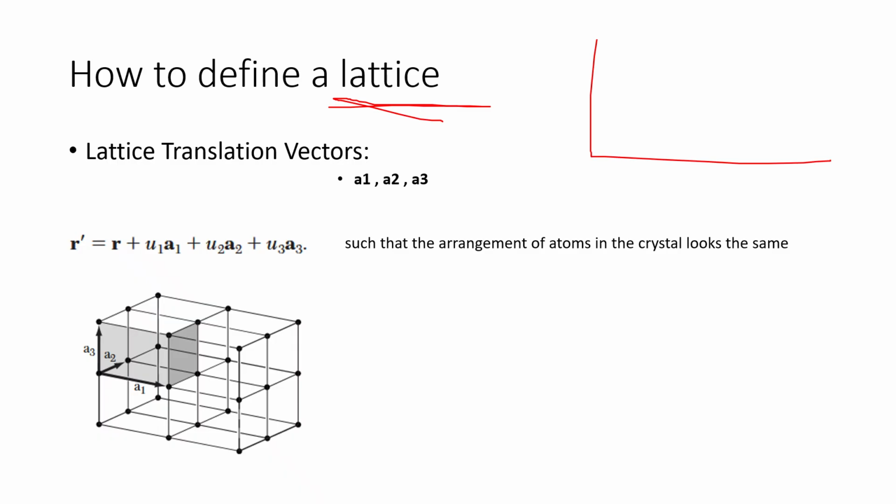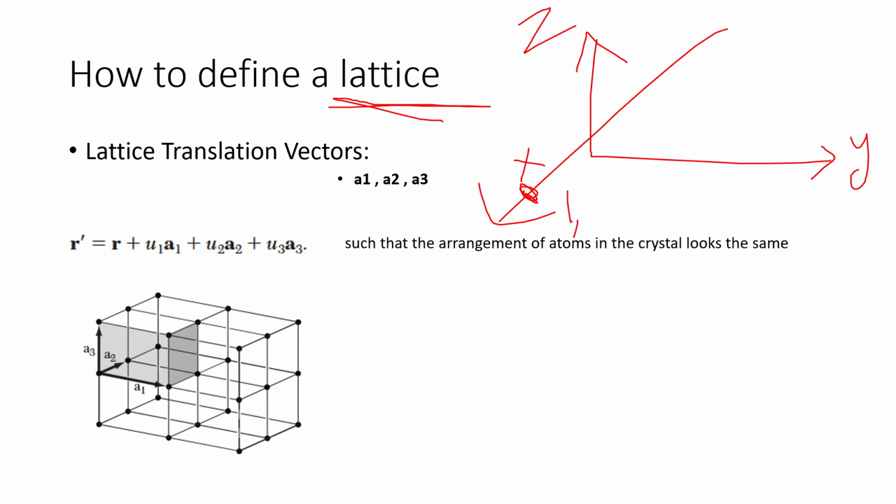So, let me draw a rough figure here. So, this is x, y, and z axis. So, this is x, and this is y, and this is z axis. So, to map any point here, like for example, I want to map something on this x-axis, its coordinate is going to be 1 comma 0 comma 0, and in vector form it is going to be I cap.